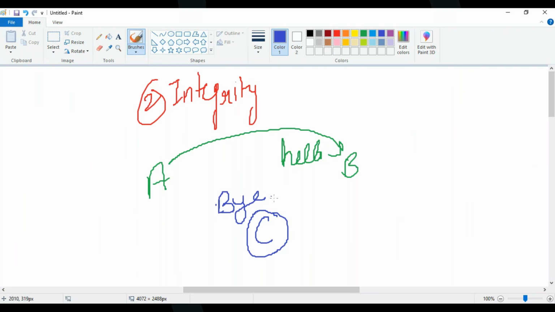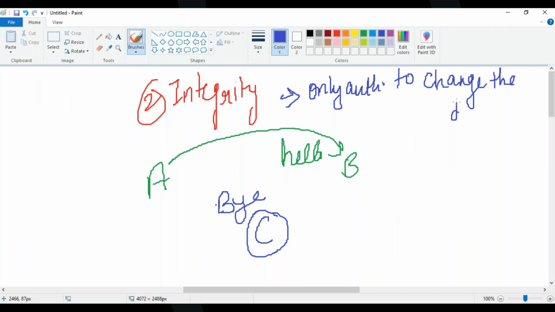So that is the lack of integrity. So integrity says that only authorized person can have access to change the data. Untampered data, correct, right?